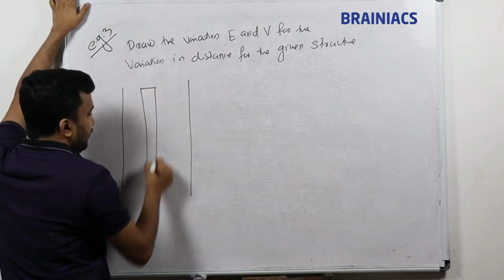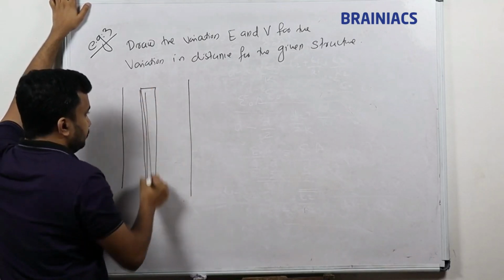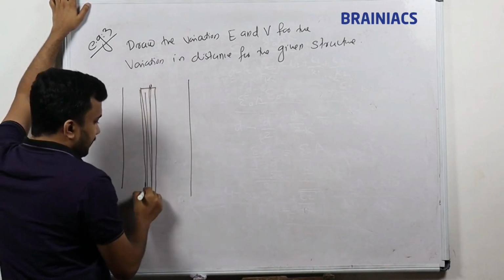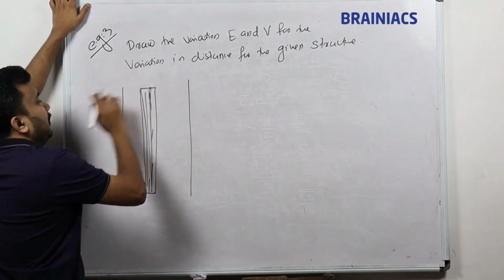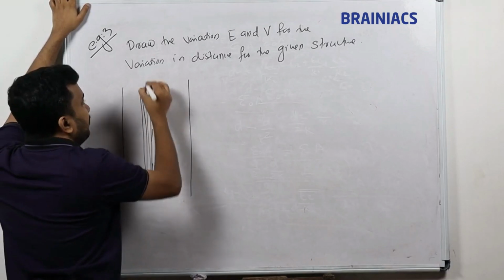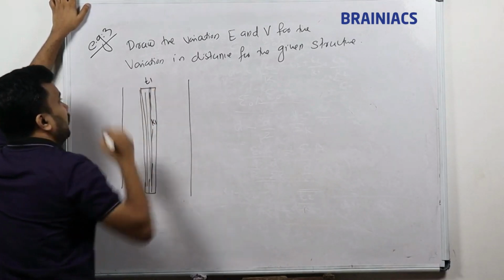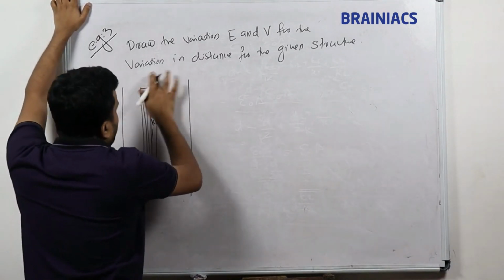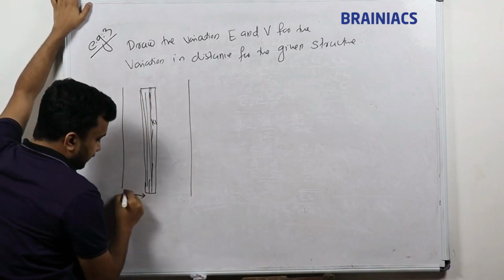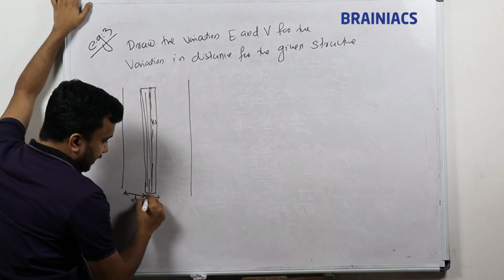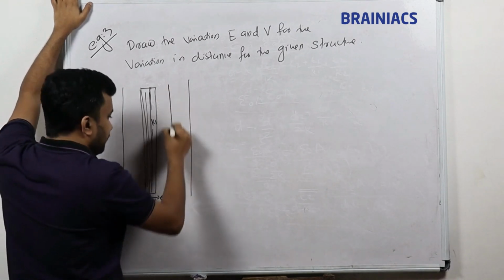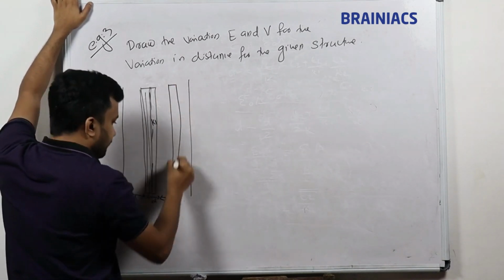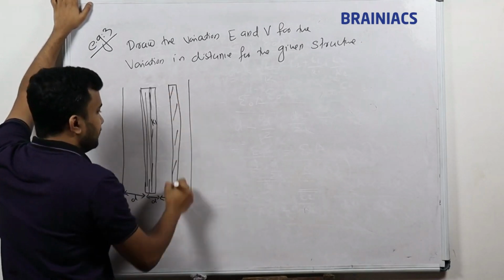This is a dielectric, whose value is equal to K1. Let me make it like this. This is called D, and this is called another D, and with another D distance, I have another item placed, and this is a metal.